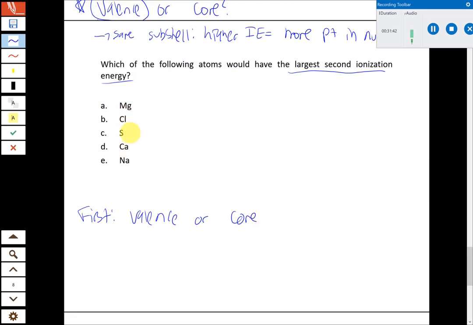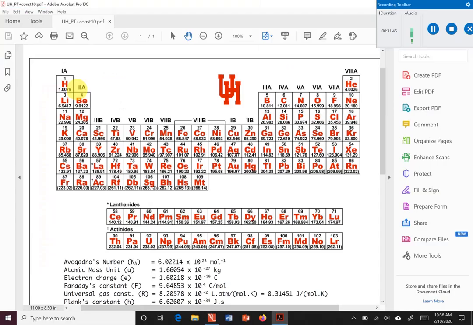So if we look at choice A here, Mg, we just saw it. Mg has two valence electrons. So the second ionization energy would still be removing a valence electron. Same with Ca, which is one of the other answer choices. So those have two valence electrons. So second ionization energy involves removing a second valence electron. And then chlorine and sulfur are two of the other answer choices.